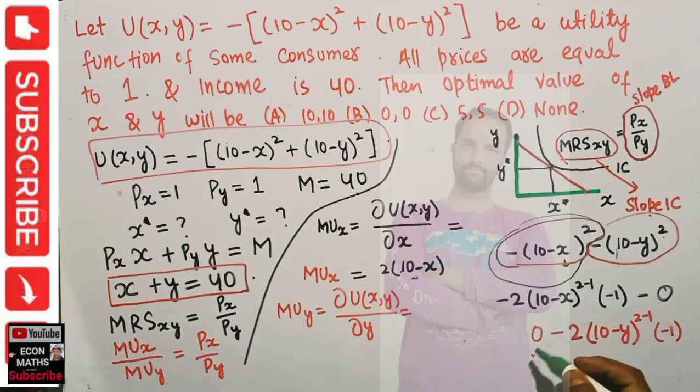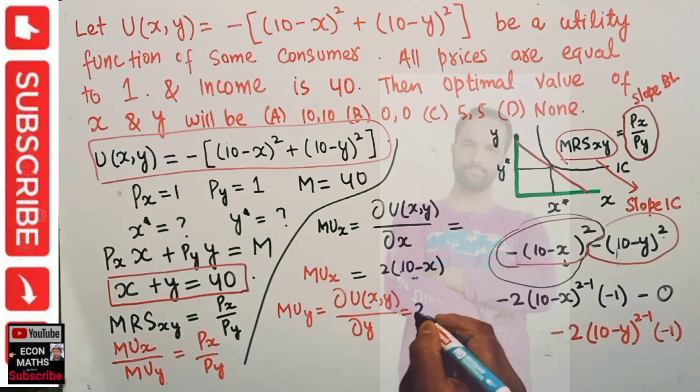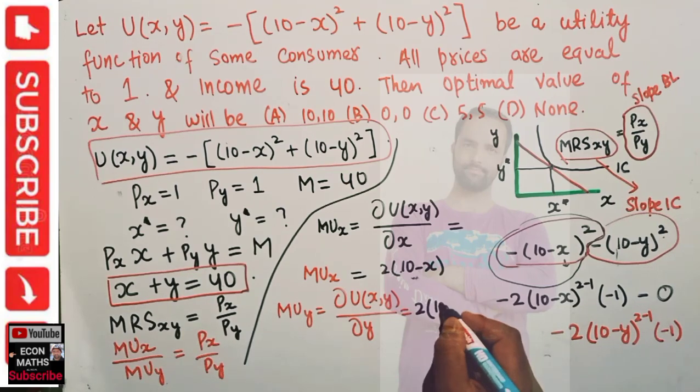So here we have 0, so we will not write it here, so minus into minus is plus. We are left with plus 2 times 10 minus y, so 2 minus 1 is 1, so we will not write it here.